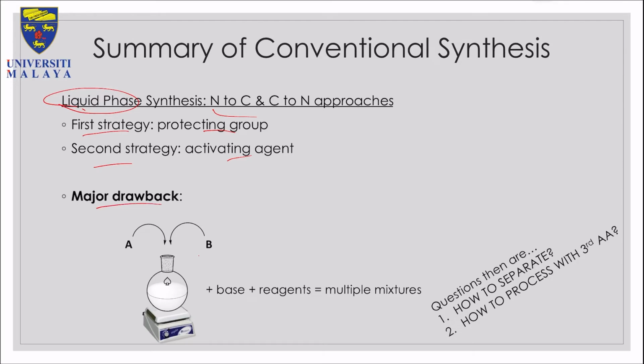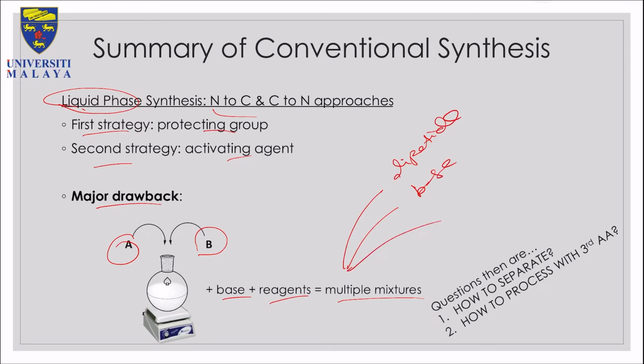You have your amino acid, you have a base, now you have your reagents. What you will get towards the end is a multiple mixture. What I mean by multiple mixture is you might get your dipeptide, you might still have your base, and if you want to deprotect your protecting group, then you will get your protecting group in the mixture.